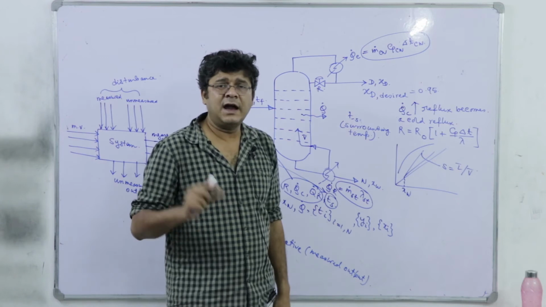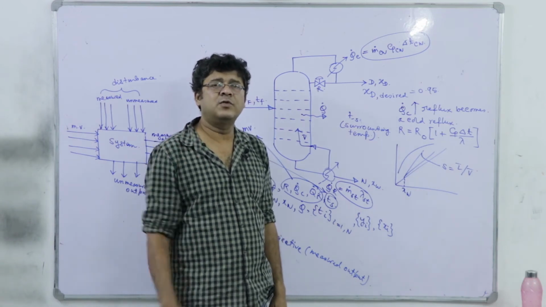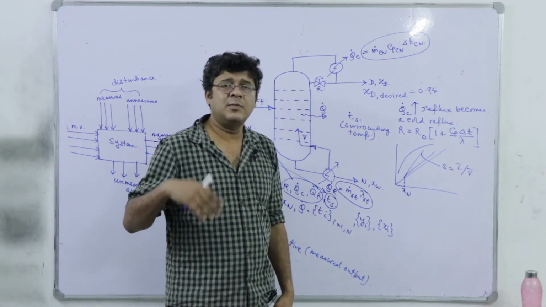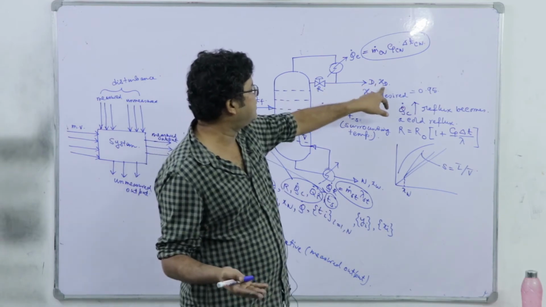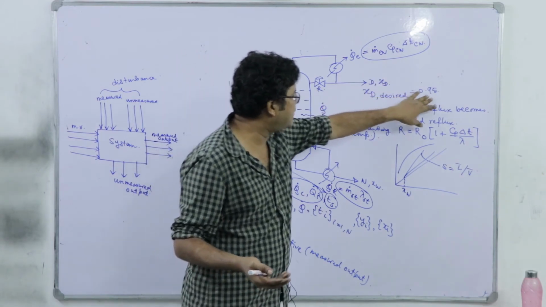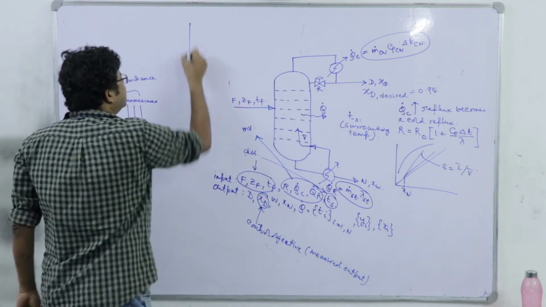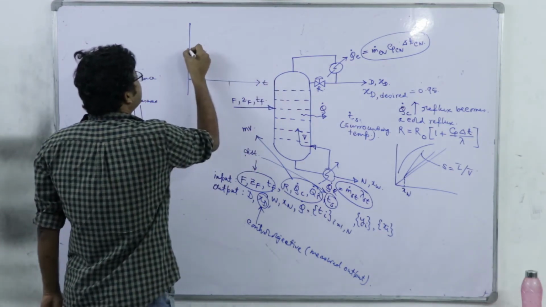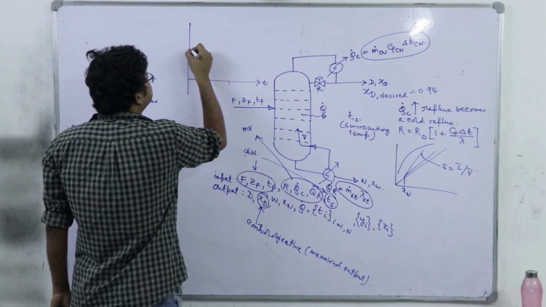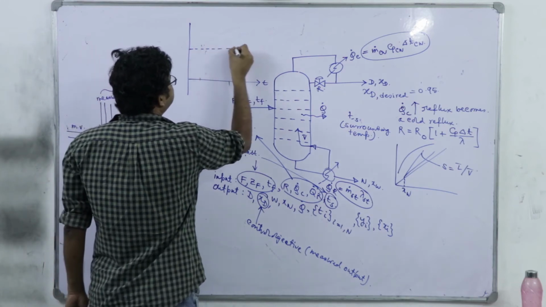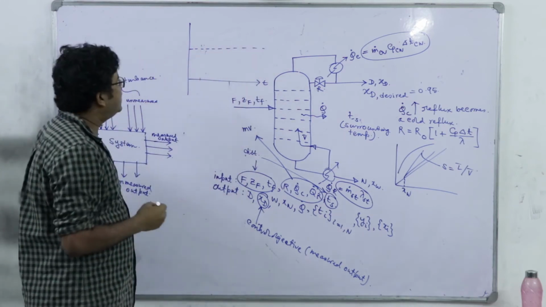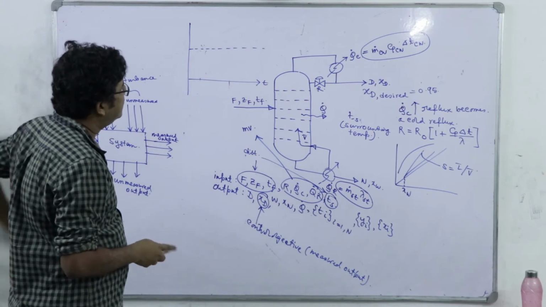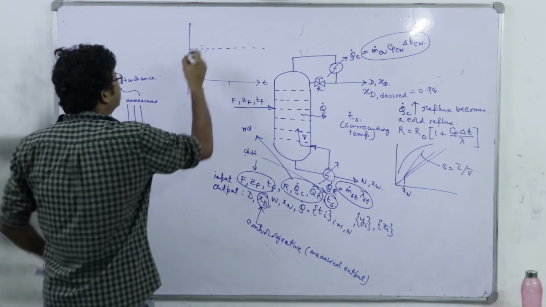But if I change the mass flow rate of cooling water in the condenser, and now my objective is to control this XD again to the desired value of 0.95, the pattern will be something like this. Let's say this is the desired value, right. So initially this XD was at its desired value.